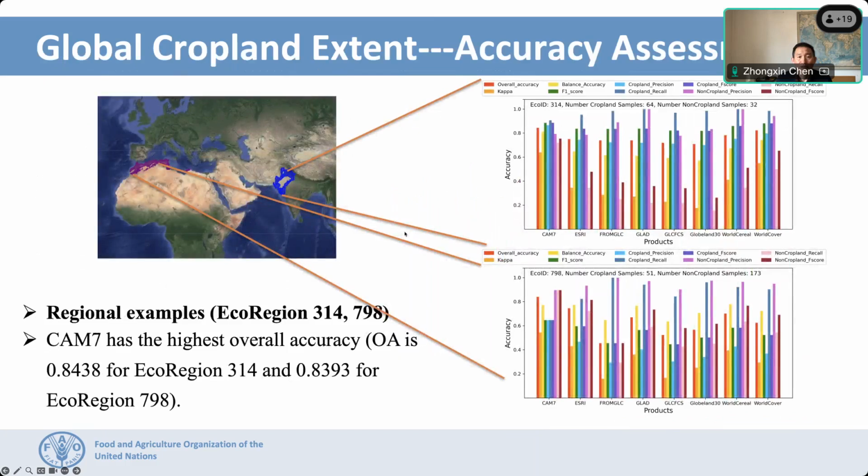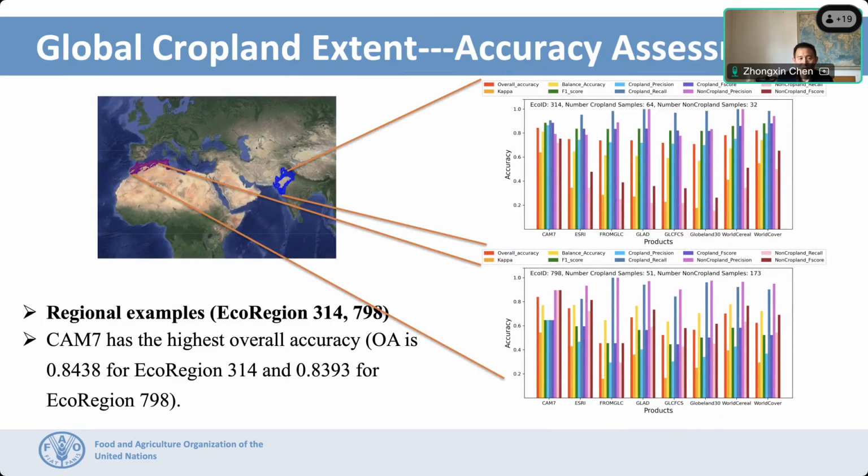Okay. And though this is to analyze the accuracy at global scale, we also did that for region scale. We use ecoregions. For each ecoregion, the agricultural production conditions are relatively homogeneous. So we choose 2 of these examples. One is in North Africa, another one in South Asia.